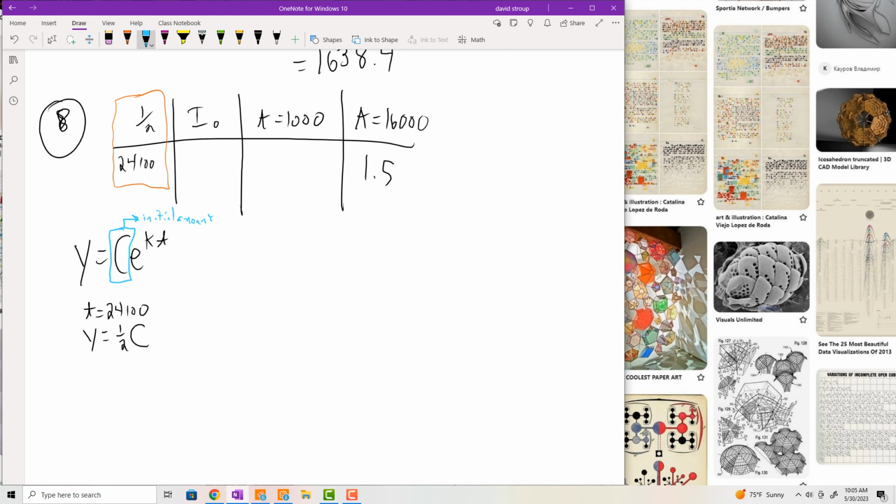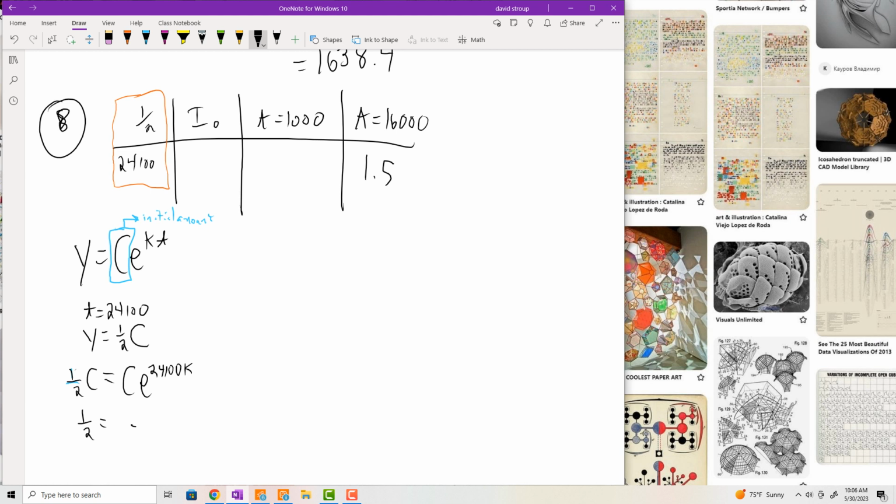Okay, so plug that into the equation just like you were doing in the previous problem. So instead of writing y, I write 1/2 c. And that equals c e to the k times 24,100. And then we could use this to solve for k. Right? So I'm going to divide both sides by c.